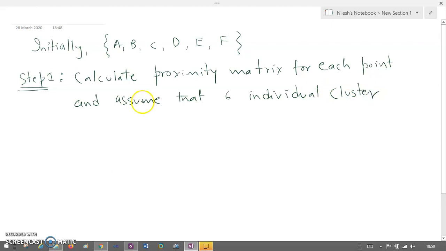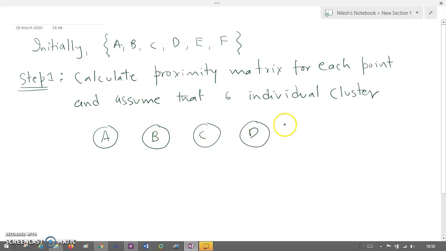Okay, so we are assuming it. So I will draw it over here: this is A, this is B, C, D, E and F. So they are single individual clusters, and we calculate the proximity matrix between them.